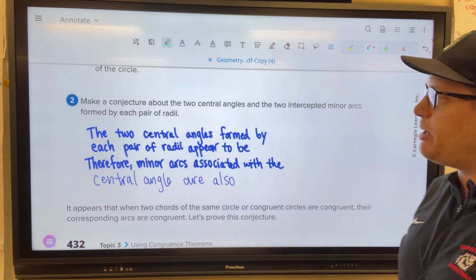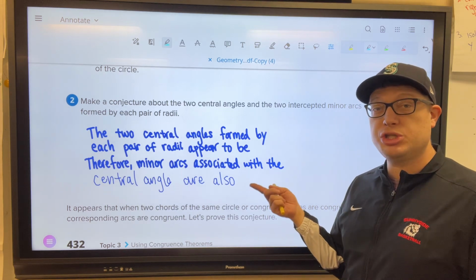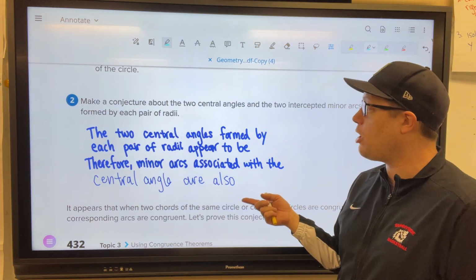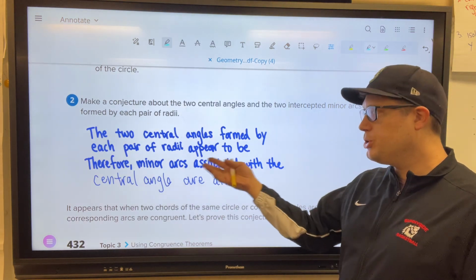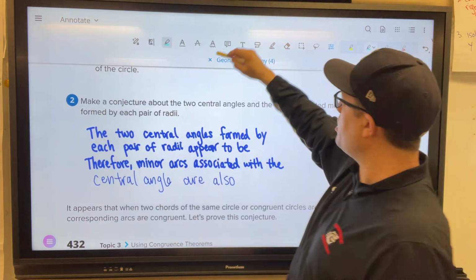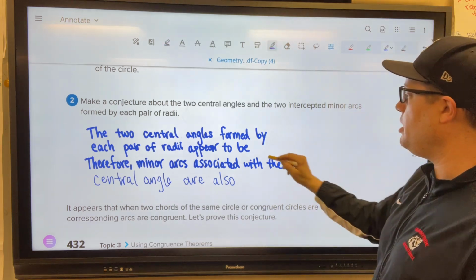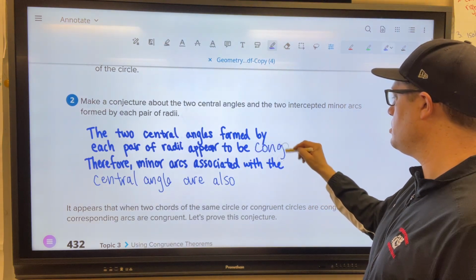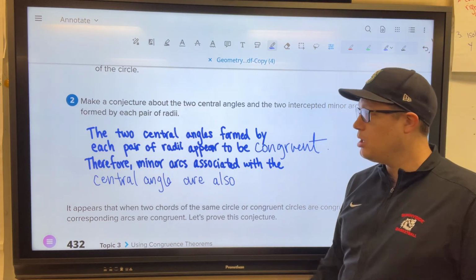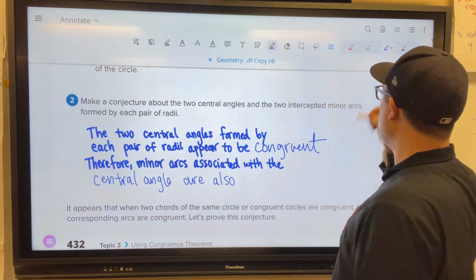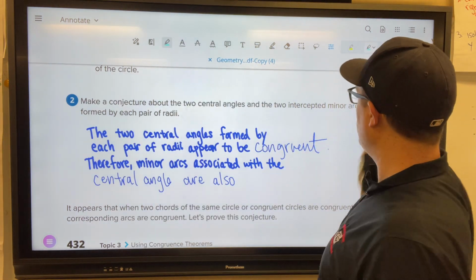Make a conjecture about the two central angles and the two intercepted minor arcs formed by each pair of radii. Well, the two central angles appear to be congruent. That's the yellow that I'm talking about.